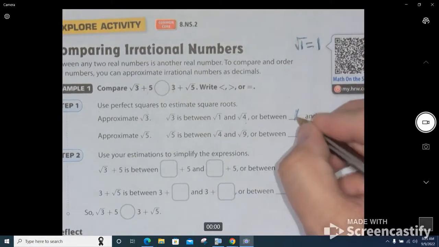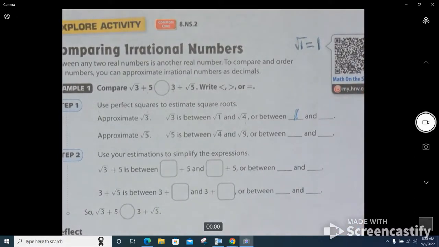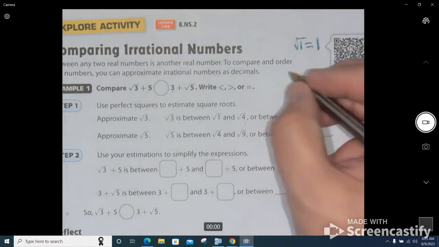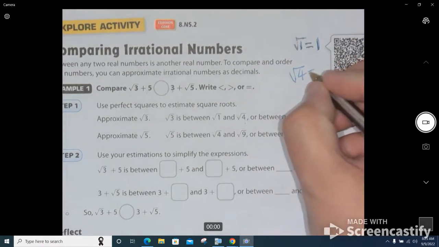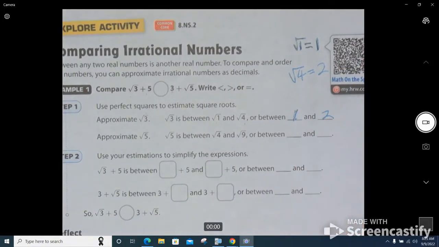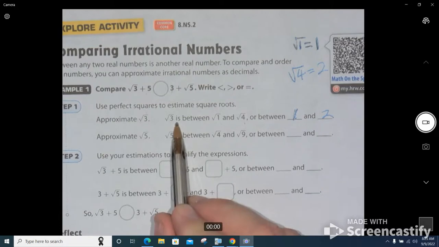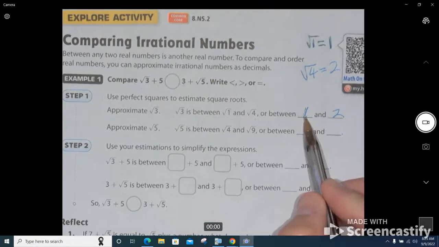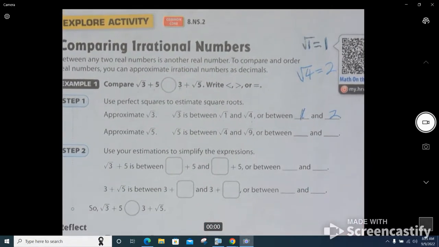And what's the square root of 4? 2. So the square root of 3 is between 1 and 2. Does that make sense?